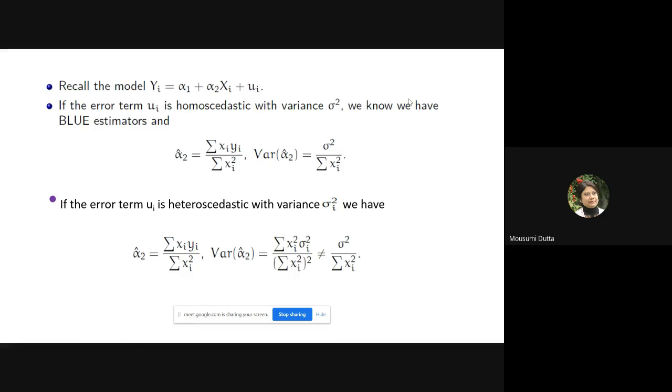However, if I present the variance of alpha 2 hat, it is no longer sigma square by summation xi square. We will find that it becomes summation xi square sigma i square divided by summation xi square whole square. As we elaborate in the next step, I'll elaborate the things, and you will be able to find out these values.